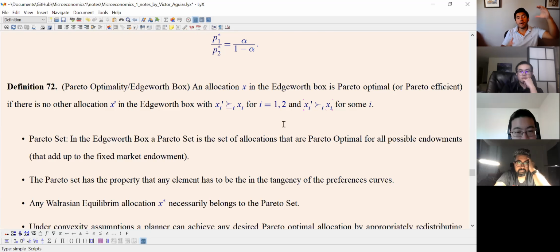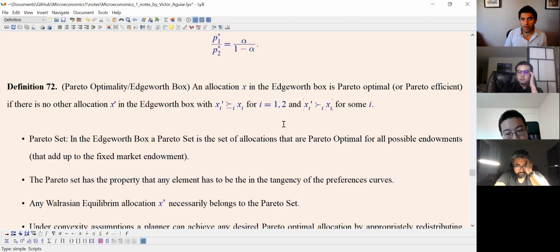Now you have to compare not only bundles for each individual, but actually bundles of all the society's consumption of goods, okay? So now, does it make sense to have transitive and complete preferences over social profiles of consumption? Not really, right? But what is something that is still reasonable? The Pareto allocation is basically a ranking over social allocations that is not complete, but is transitive, that still gives you some notion of what is best, okay?